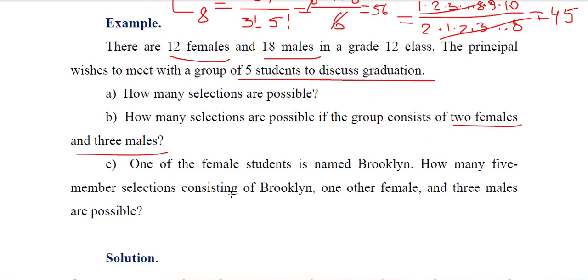And third question, one of the female students is named Brooklyn. How many 5-member selections consisting of Brooklyn, 1 other female and 3 males are possible? So here also 2 females and 3 males, but 1 member's name is Brooklyn.